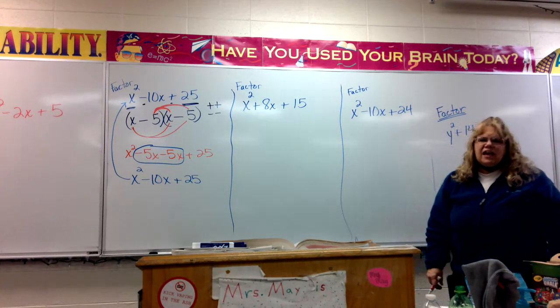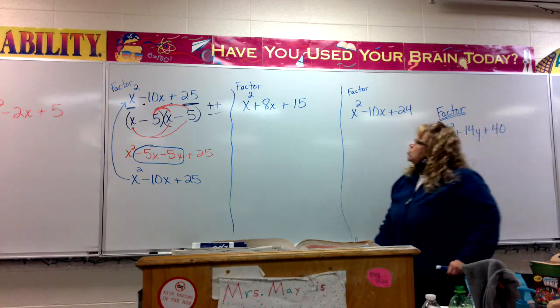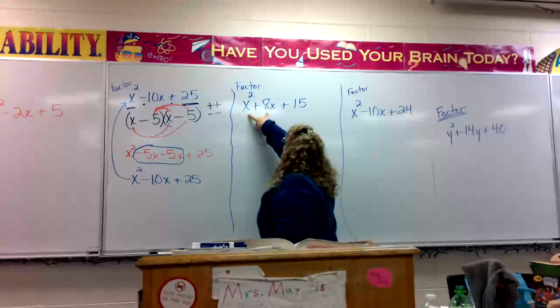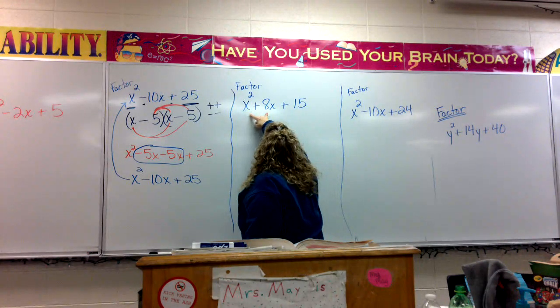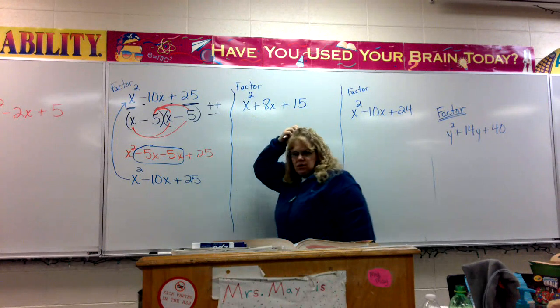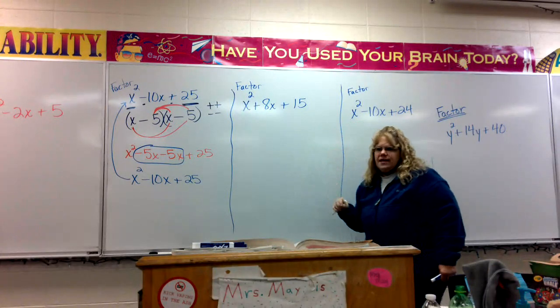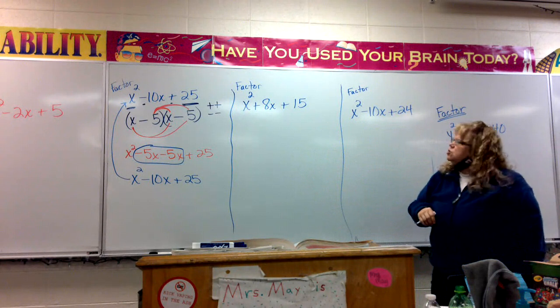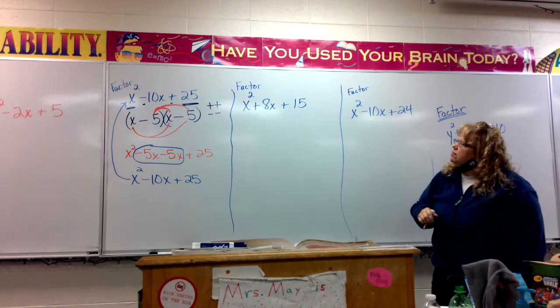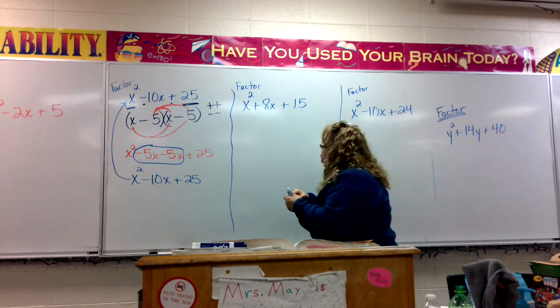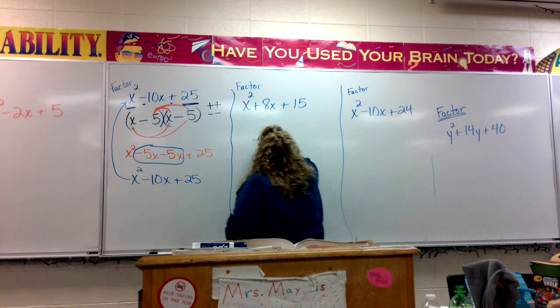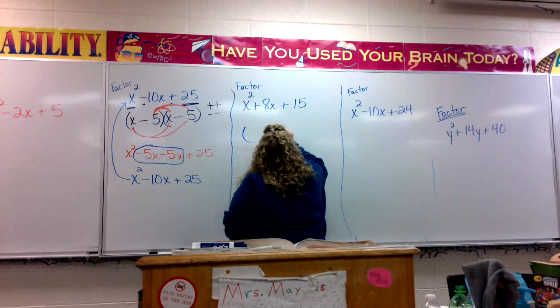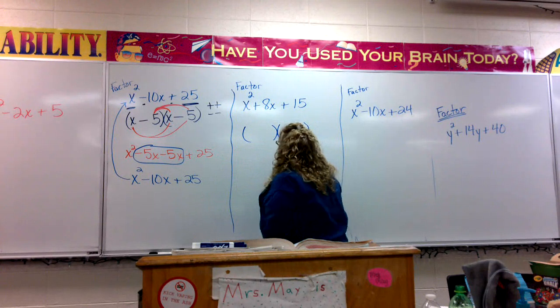Is there anything common? Well, these two have x's, but this one doesn't, so that's not in common then, right? So there's nothing in common with all of those. If it's going to be factored then, it's going to be factored like this, into the two binomials.